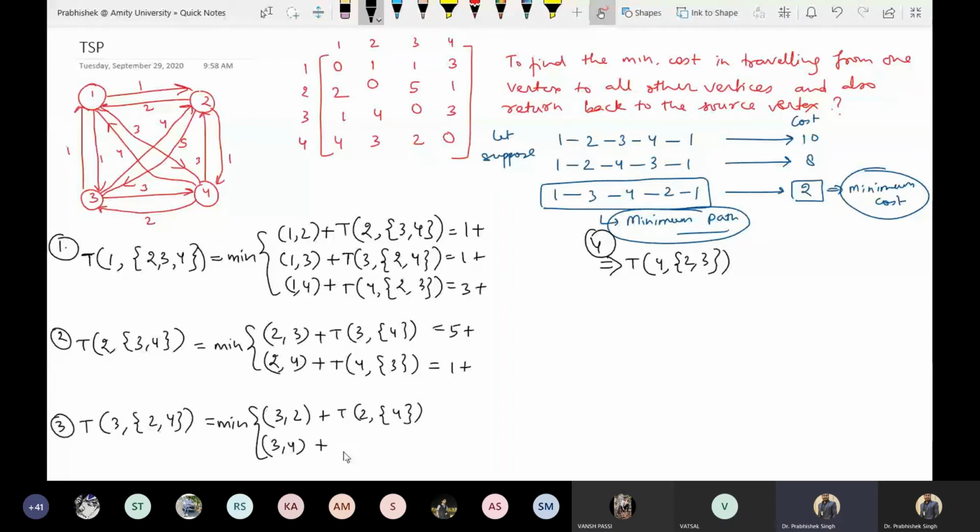If we have taken the path 3 to 4, then we are standing at 4, and what is left is only 2. I hope you are understanding how we are solving this question.